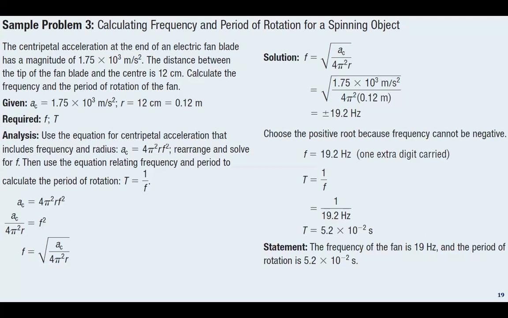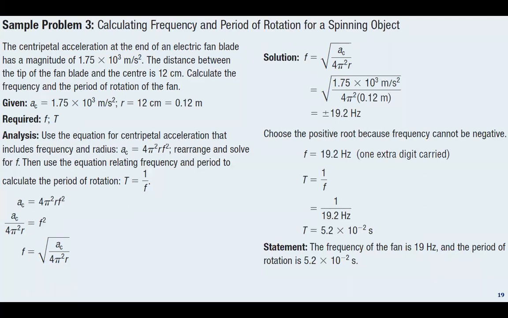Okay, again, put all the values in. We have f is positive or negative 19.2 hertz. Okay, we only accept the positive value because frequency cannot be a negative number, right?